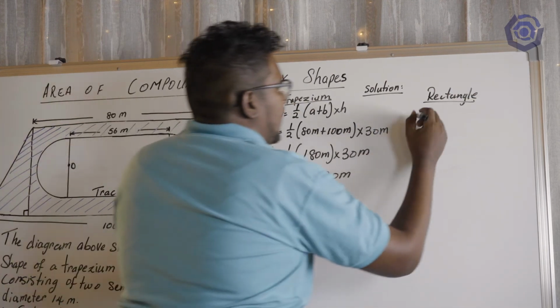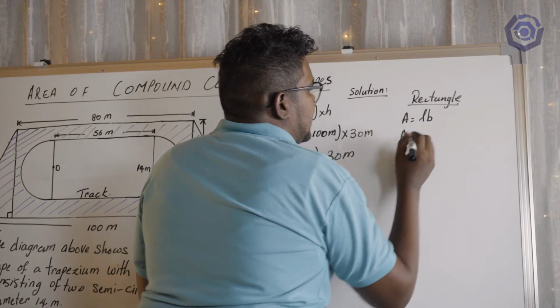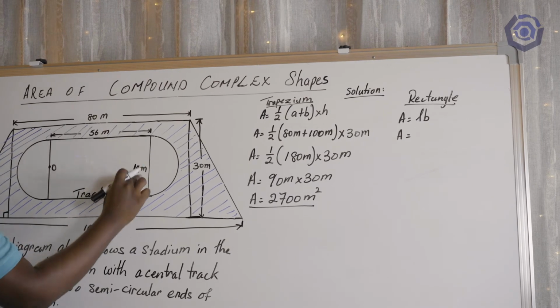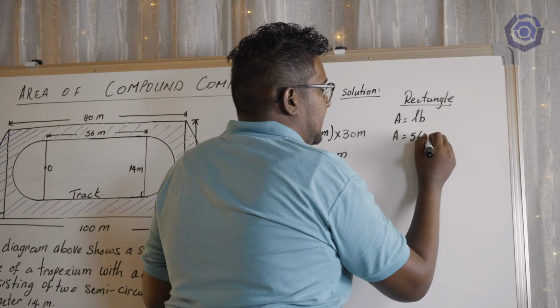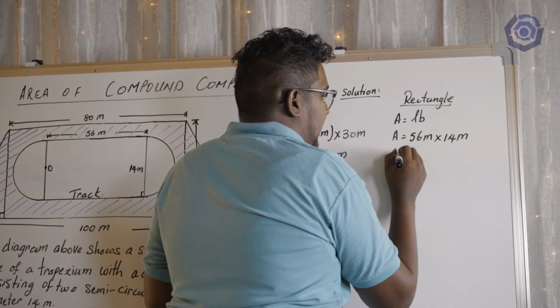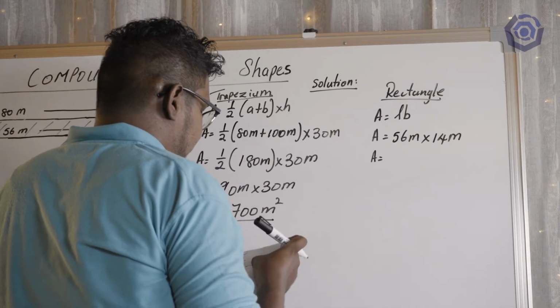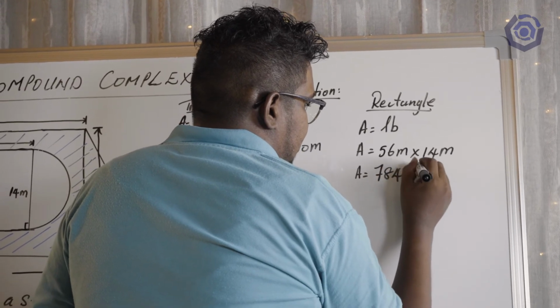So the rectangle area equals length times breadth. Our length up here is 56 and the breadth here is 14. So that's 56 meters multiplied by 14 meters. A equals 56 times 14, which gives me 784 meters squared.